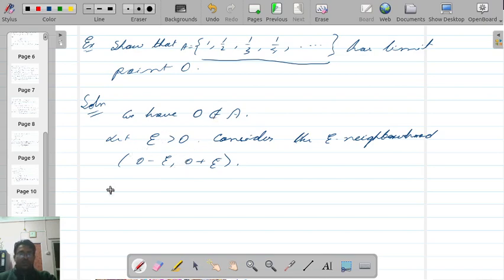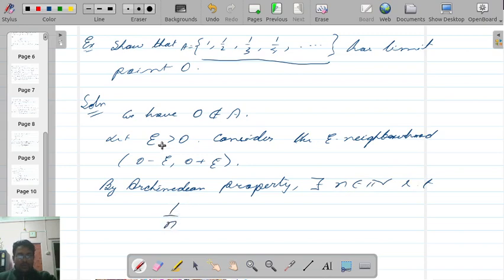Okay, so by the Archimedean property, given epsilon greater than 0, there exists a natural number n such that 1 by n is strictly less than epsilon.